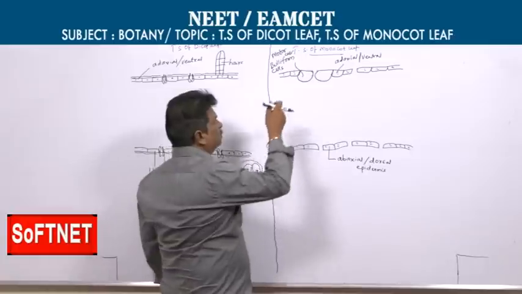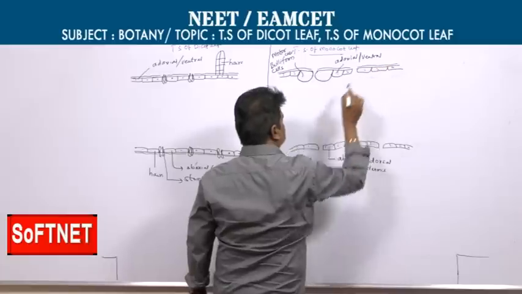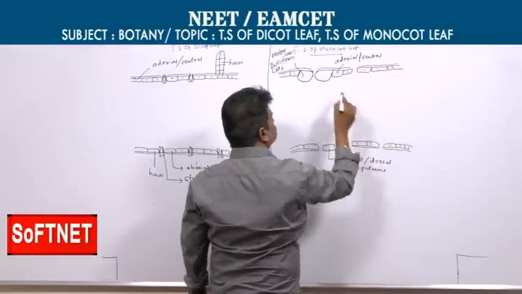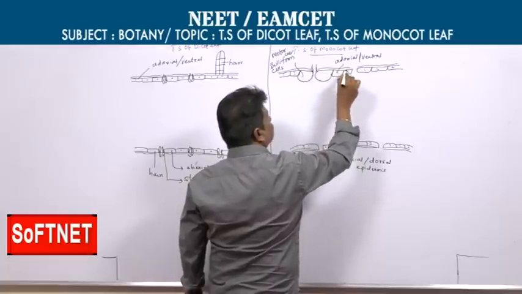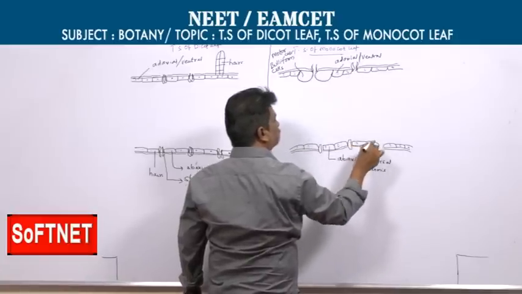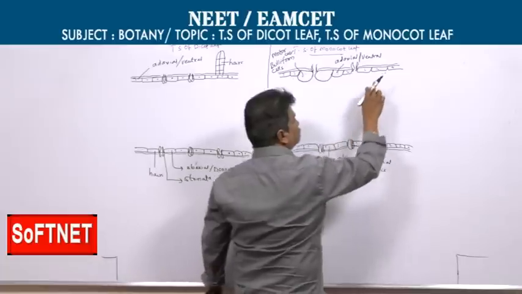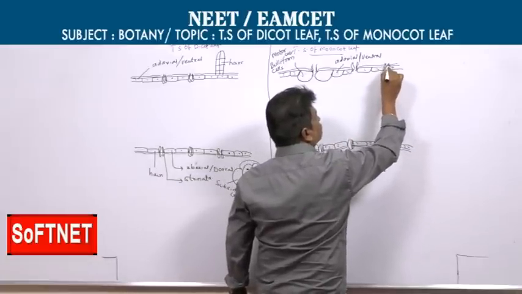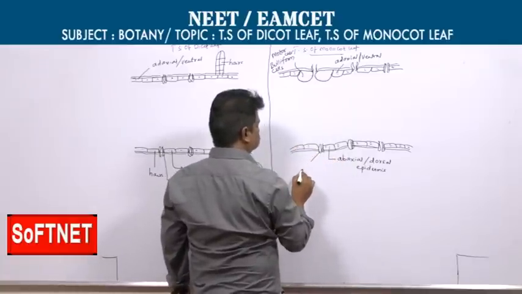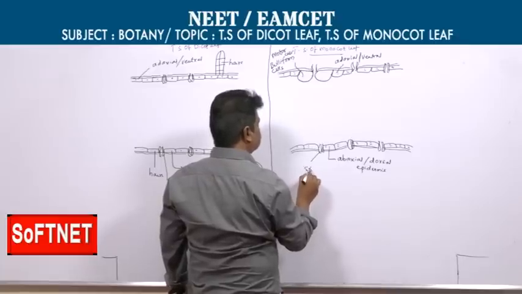Then on both sides, the epidermis is surrounded by cuticle. Both epidermises contain stomata, but in grass leaf, stomata are equally distributed. Such a condition is called amphistomata.